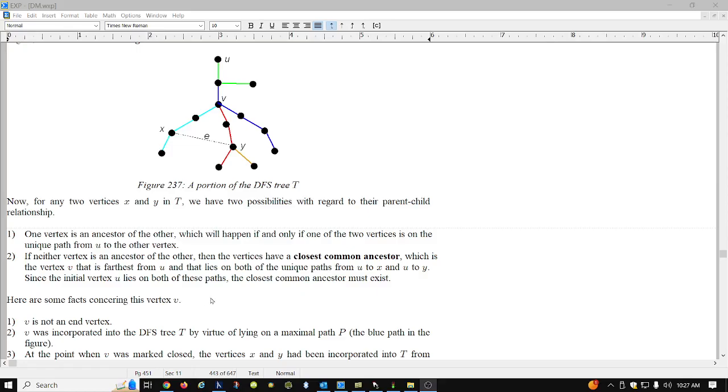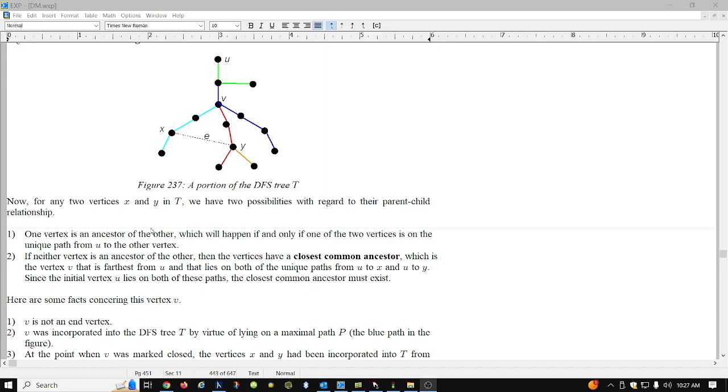Now, what can we say about this closest common ancestor V? Well, it's not an end vertex, because if it was an end vertex, X and Y would have to be the same vertex, which they're not.